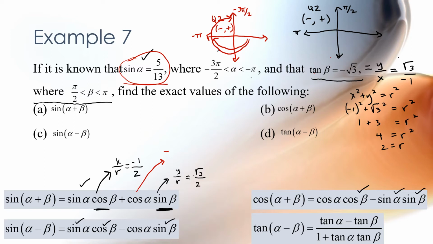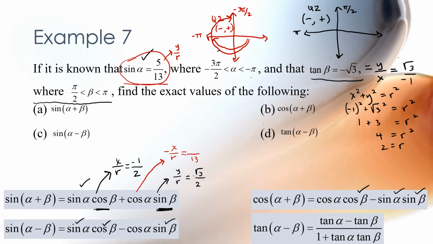Well, cosine, of course, is x over r. And what did 5 over 13 give me? In the original thing that was given, 5 over 13 represents my y over my r. So I've been given y as 5, and I've been given r as 13. So I know that the denominator in the cosine is going to be 13.